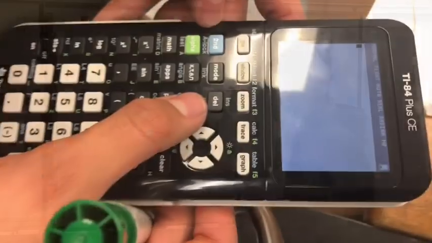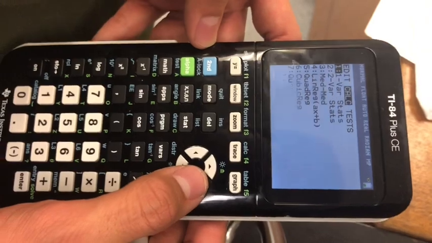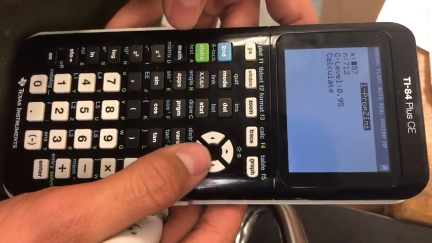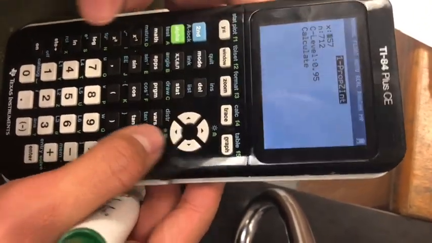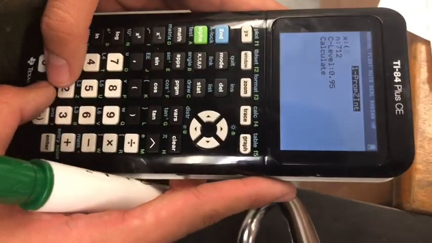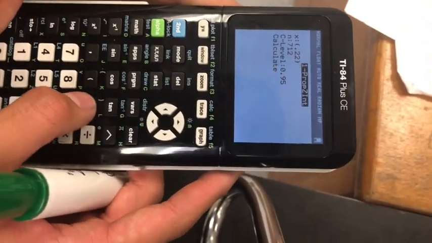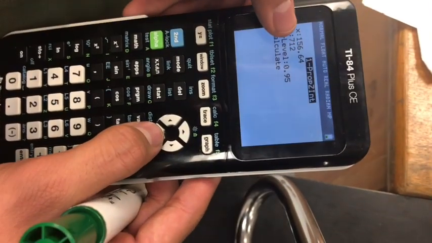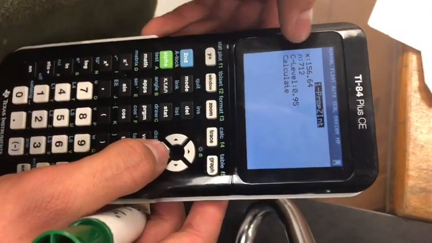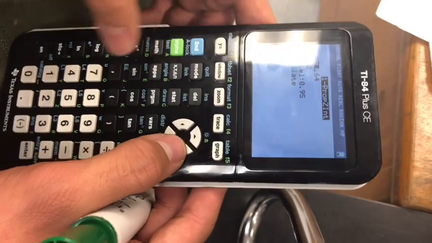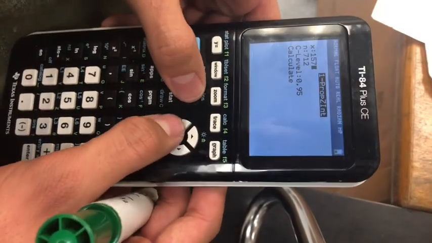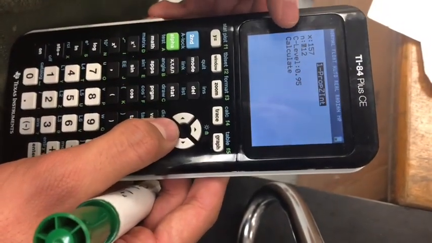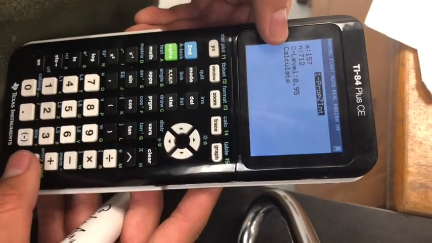Now I run the test. To run the test, I'm going to go stat, test, alpha A. You're only given your p hat and your n. If I put in those two, it's going to give me 156.64, but we can't have that in our test, so I'm going to round up to 157, out of 712, with the confidence level of 95%.